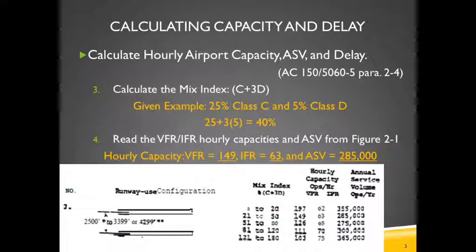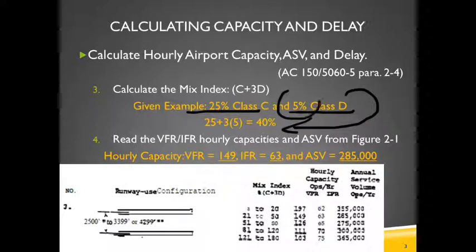Mix index is calculated by using the formula: percentage of aircraft in Class C plus 3 times the percentage of Class D aircraft. In our scenario, we have 25% Class C and 5% in Class D, so applying that formula is 25 plus 3 times 5, that's 3 times the percentage of aircraft Class D, that equals 40%. 40% mix index.